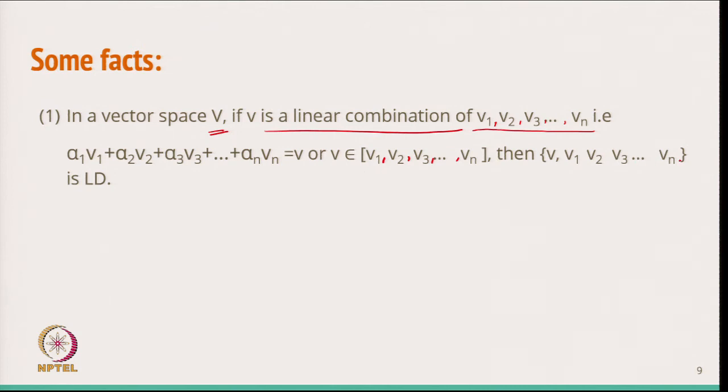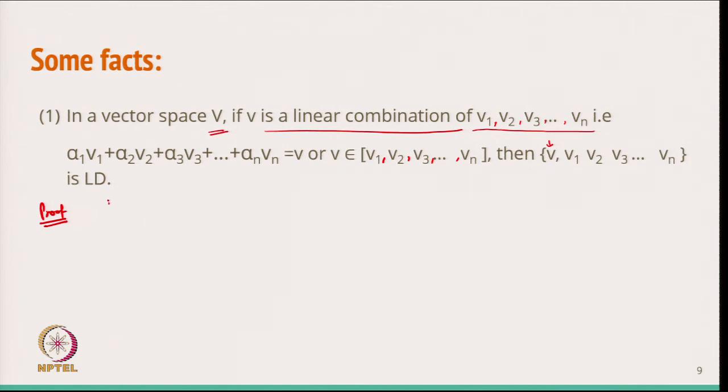Then if I take the set of vectors, adding that vector V, then they are always LD, linearly dependent. This is just a fact, and the proof is very simple. It can be a theorem also, but we are discussing it as a fact.